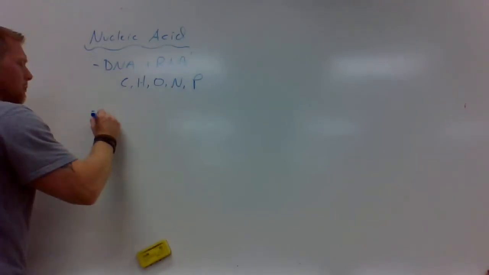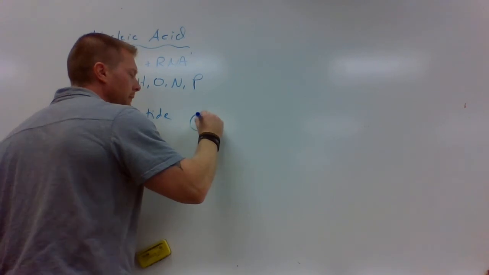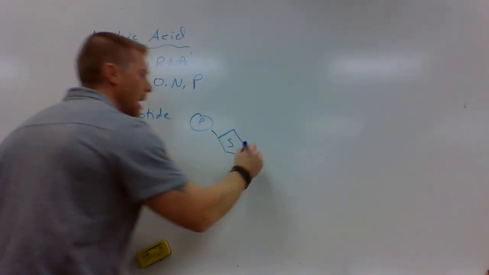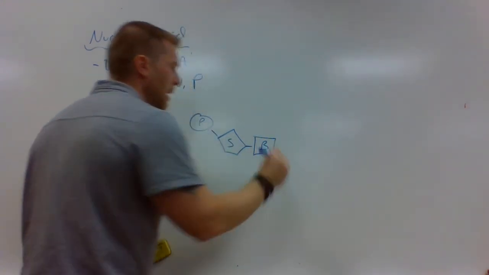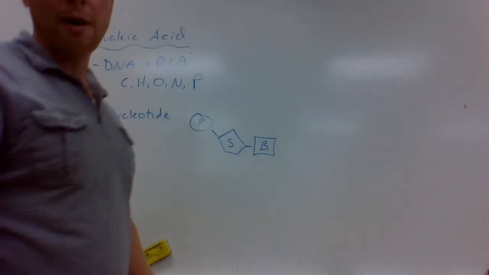Nucleic acids have phosphorus, proteins have sulfur. The monomer of a nucleic acid is going to be a nucleotide. When we look at a nucleotide, it's going to be made up of a phosphate, a sugar, and a nitrogenous base. They compose nucleotides. And we'll see them a lot more in our genetics unit. All right. That is all of carbon. That is all of macromolecules.